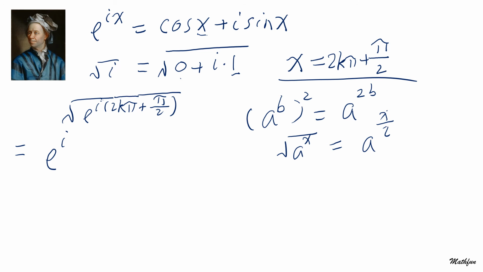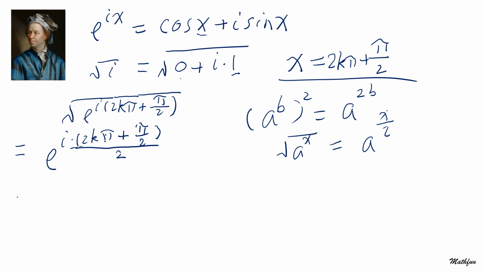So to get that one, what we are going to get is e to the i times 2k pi plus half a pi, divided by 2. You can divide the whole thing by 2, but that's the same as dividing the angle by 2.